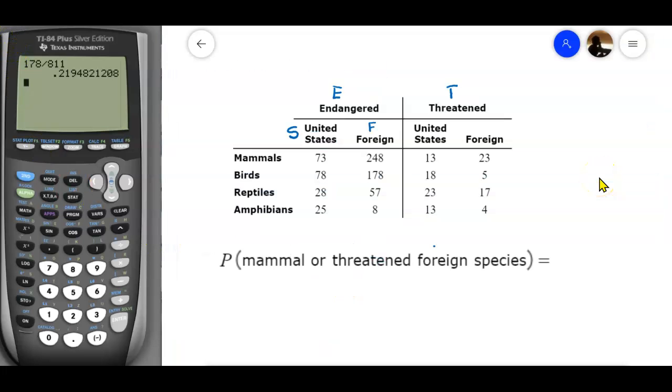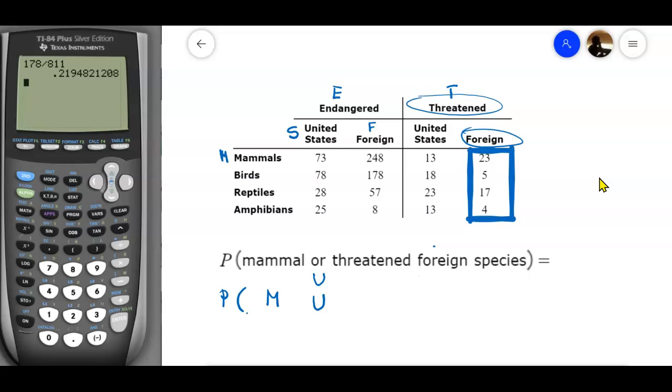If I write it mathematically, this is going to be the probability of mammal, where I use M for mammal, which is this one, or, and the "or" is a union, right? Union threatened and foreign species, which is this set over here.